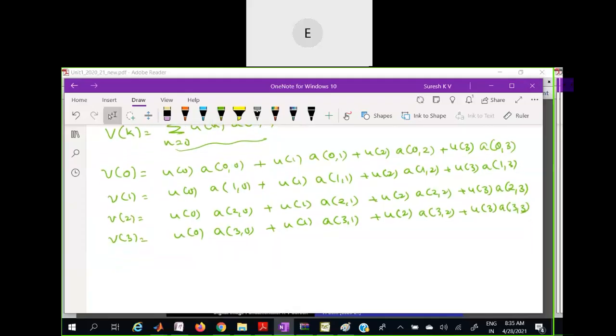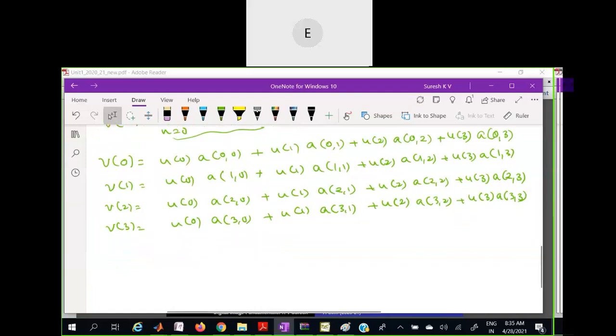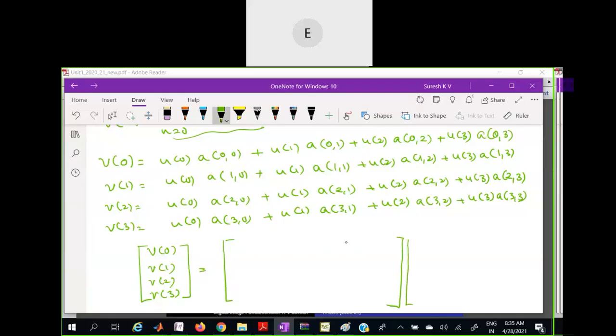Now these four equations can be written in the form of a matrix multiplication, something like this. V of 0, V of 1, V of 2, V of 3. This is the result which you will obtain, and notice in your equation here, in all the equations your coefficients are being multiplied with u of 0, u of 1, u of 2, u of 3.